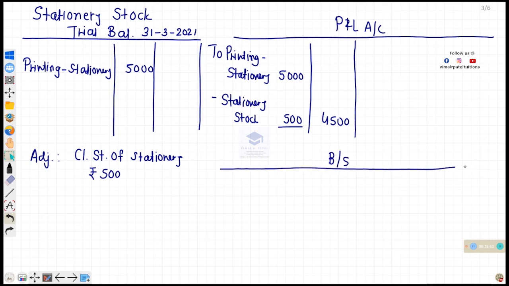Second effect on the asset side of balance sheet.